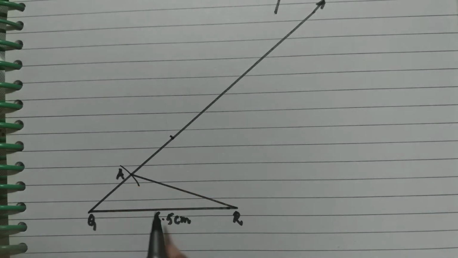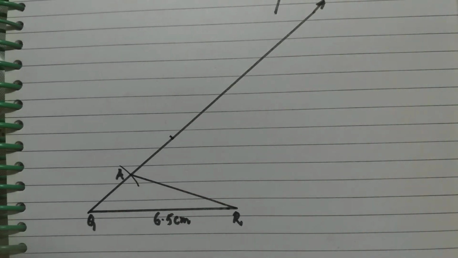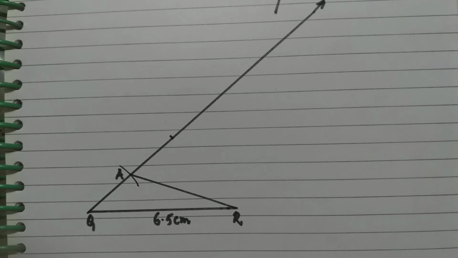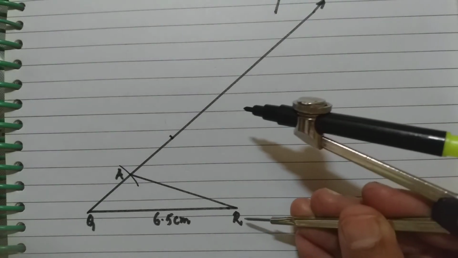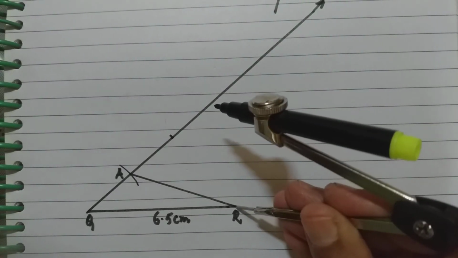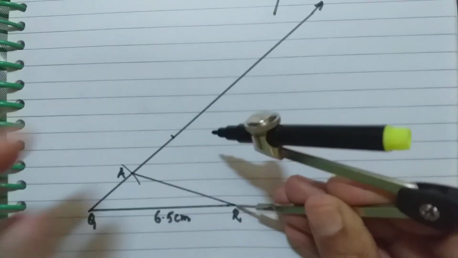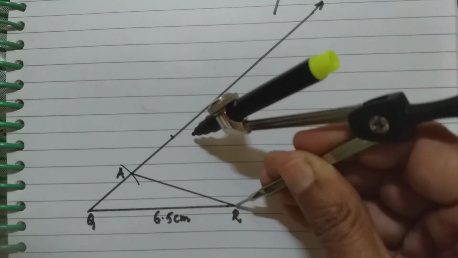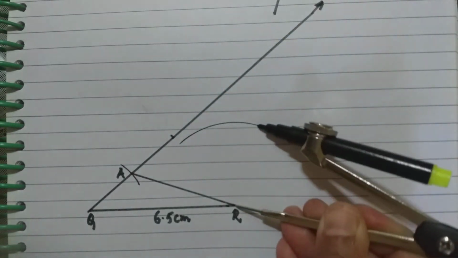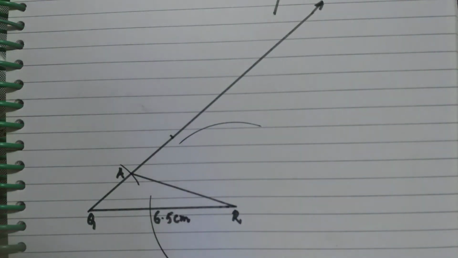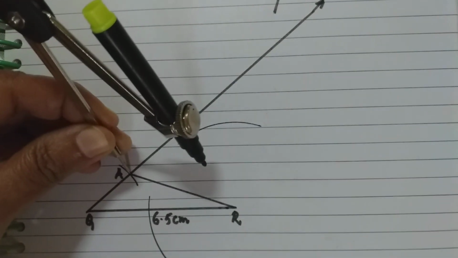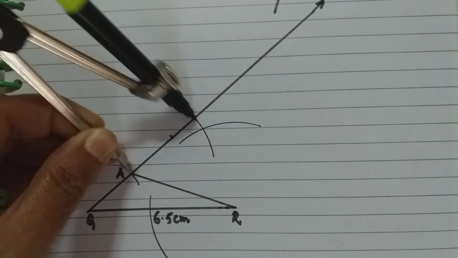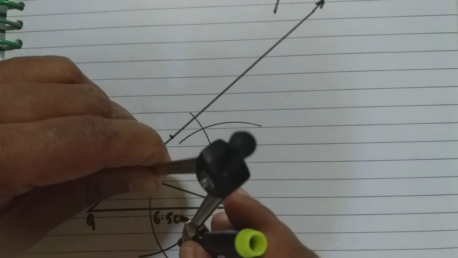What is the next step? To draw the perpendicular bisector of AR. So I make this distance between A and R, when I have to draw a perpendicular bisector, little more than half the distance between AR, and draw one arc above and one arc below. Again from A, I will draw one arc above and one arc below.